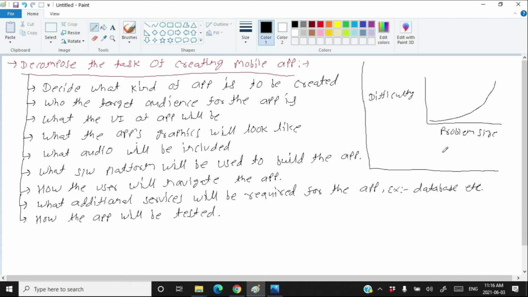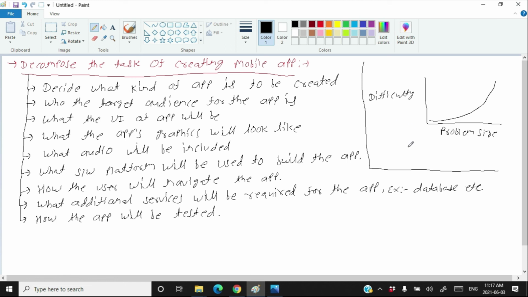So you should always keep the size of the problem as small as possible, so that the difficulty does not increase exponentially. Higher size problems are exponentially more difficult to solve than smaller size problems. That's why we need decomposition of the problem.